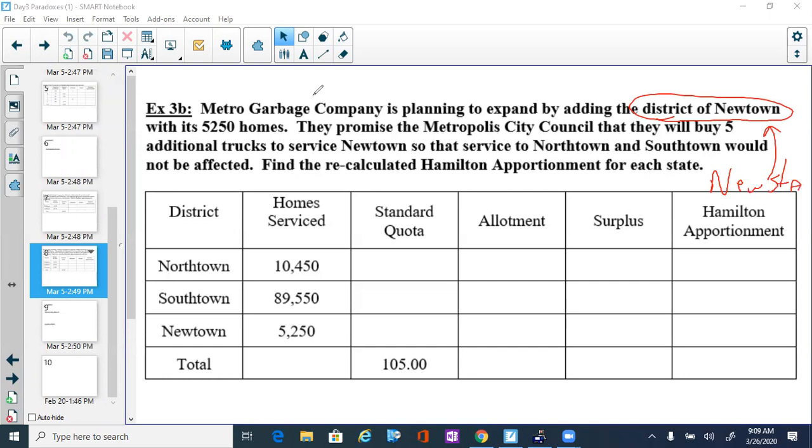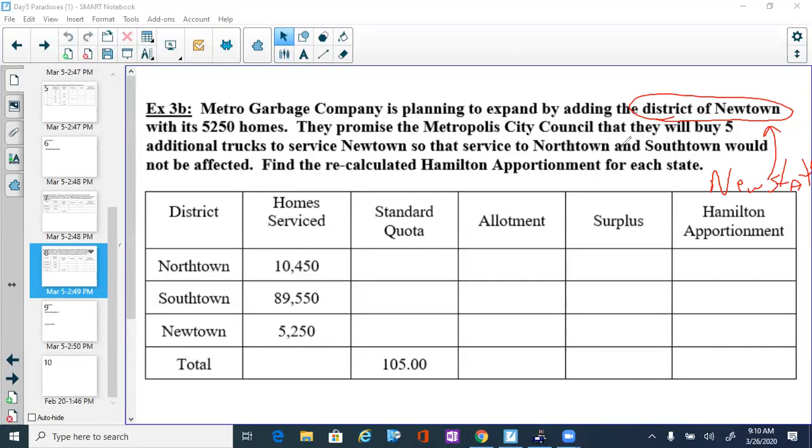Not population, but we're adding on a new state with its 5,250 homes. They promised the Metropolis City Council that they will buy 5 additional trucks to service Newtown so that the service of Northtown and Southtown would not be affected. Find the reallocation of the apportionment of each state.